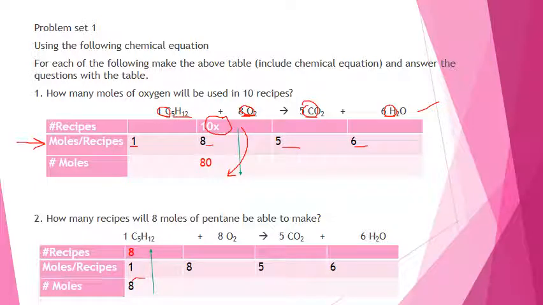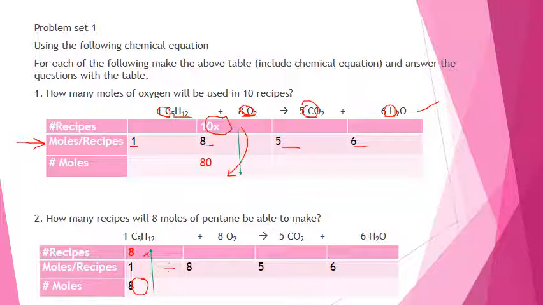Number 2, we're going to go the other way. So we're going to start out with 8 moles. We know every recipe needs 1 mole per recipe of pentane. So if you need 1 mole per recipe and you have 8 of them, you can do the reaction 8 times. So divide the 8 by 1.